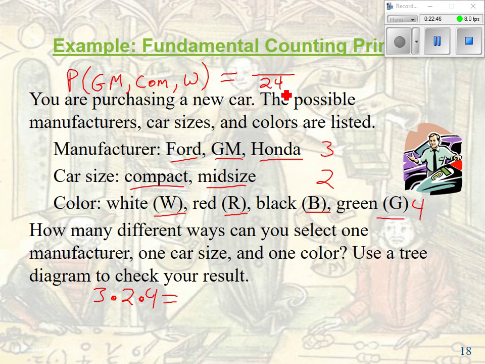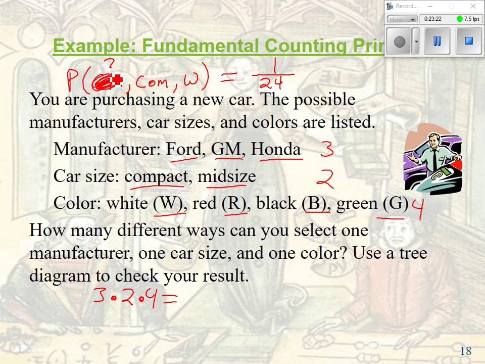How many choices are there that are GM, compact, and white? Just one, right? There's only one choice of that, so it'd be 1 out of 24. What if you didn't care about the make, but you wanted it to be a compact car in white?